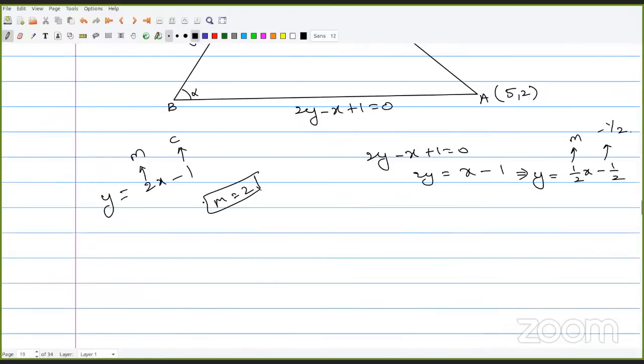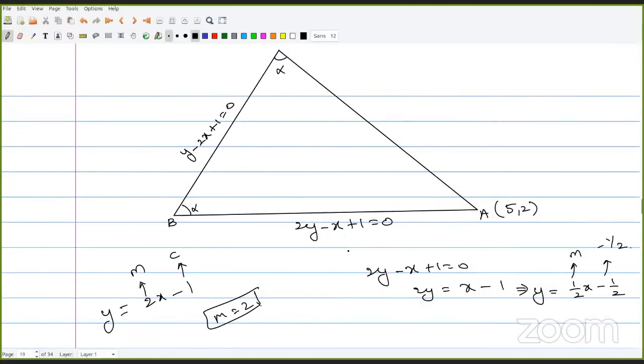So how can I find tan alpha? Tan alpha is basically the inclination. If you know the straight lines, you just draw the straight line. The slope of this is half and the slope of this is 2. The slope of this straight line will be like this and the slope of this straight line will be like this.